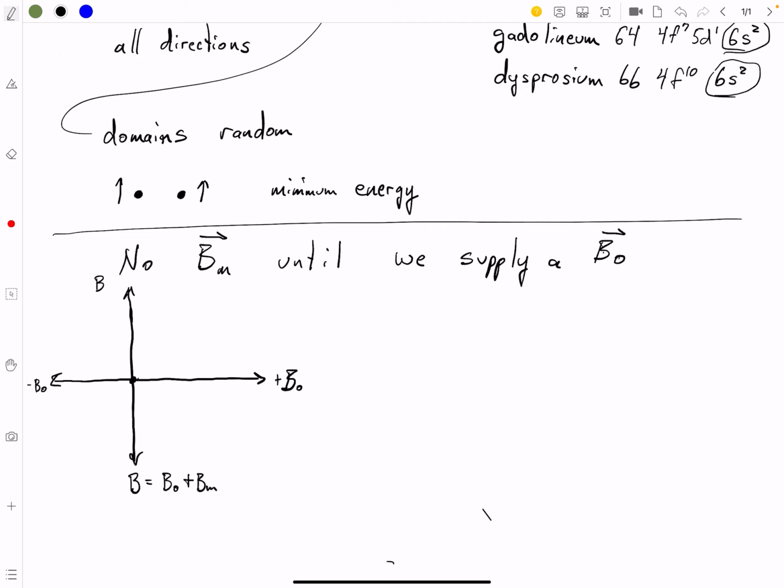Initially, BM and B0 are together and they do nothing. Then gradually they come up and they'll go to this point. Okay? And if we flip it and go back down to the other side, we'll end up here.